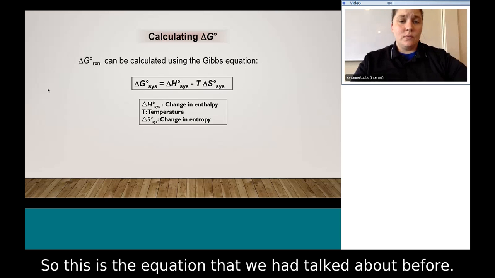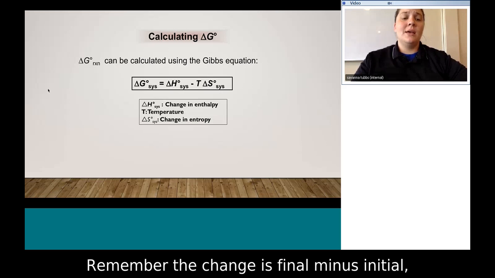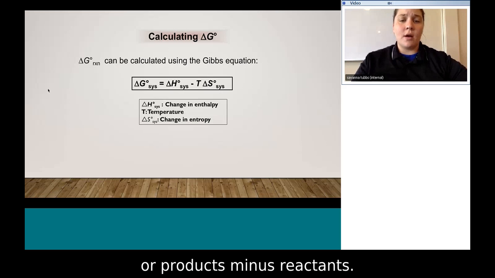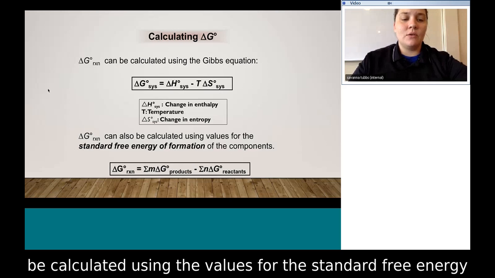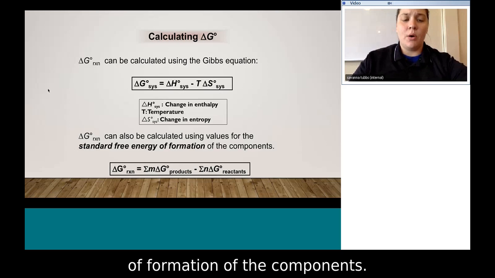So this is the equation that we had talked about before. Remember, the change is final minus initial, or products minus reactants. Delta G for the reaction can also be calculated using the values for the standard free energy of formation of the components.